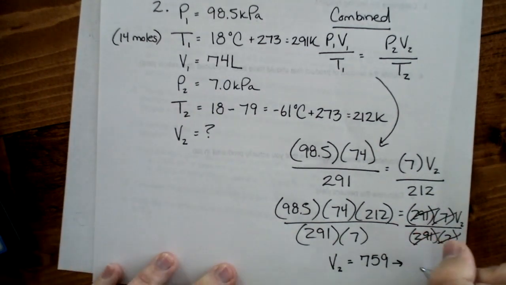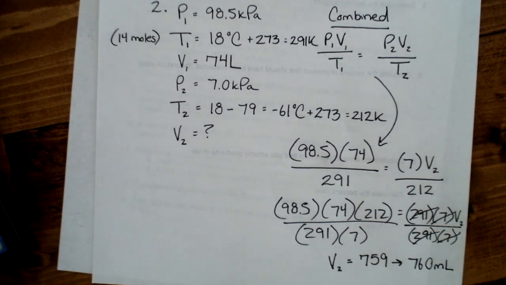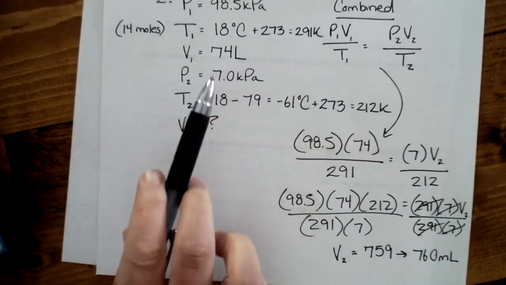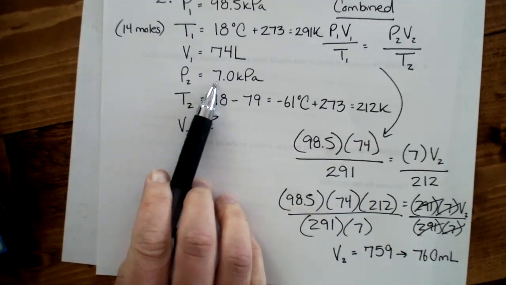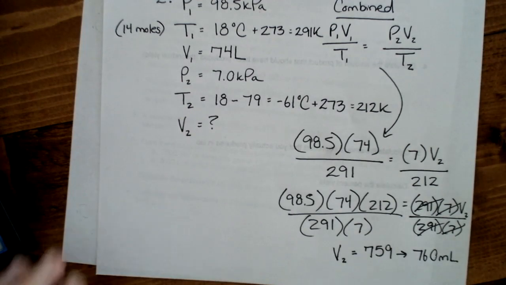I'm going to round that to 760 milliliters. Okay, so again, checking our work, if the pressure went down, we expect the volume to go up, and it most certainly did. So that's number 2.